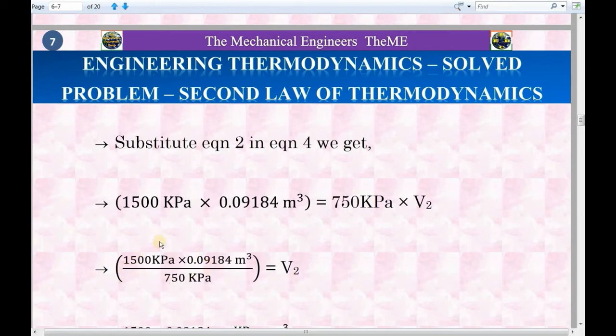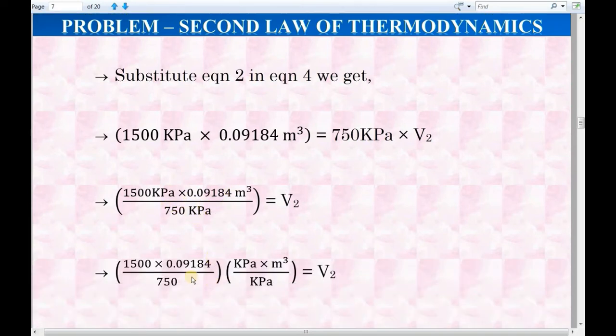In this LHS, split the numerical terms and SI units. We get 1500 into 0.09184 divided by 750 into kilopascal into meter cube divided by kilopascal is equal to V2. In this LHS, 1500 into 0.09184 divided by 750 is 0.184, and kilopascal into meter cube divided by kilopascal is meter cube because kilopascal gets cancelled.